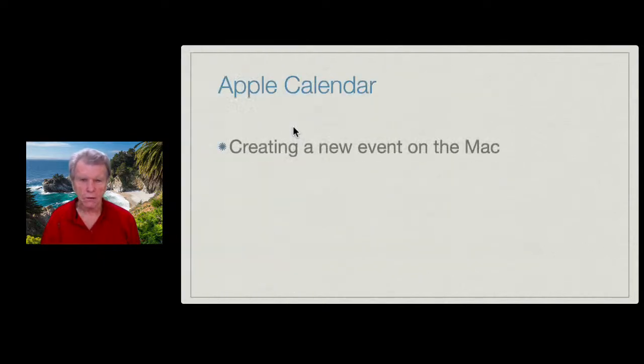So, you start off by creating a new event. We're going to use the Mac to begin with here. There's several ways to do this. You can go to the menu bar at the top of your screen, click on File, and click on New Event. The easier way to do it is to use the keyboard shortcut, which is Command N for New.